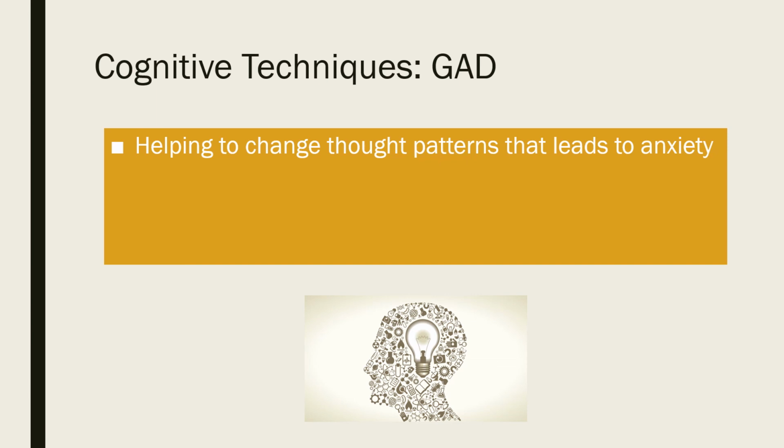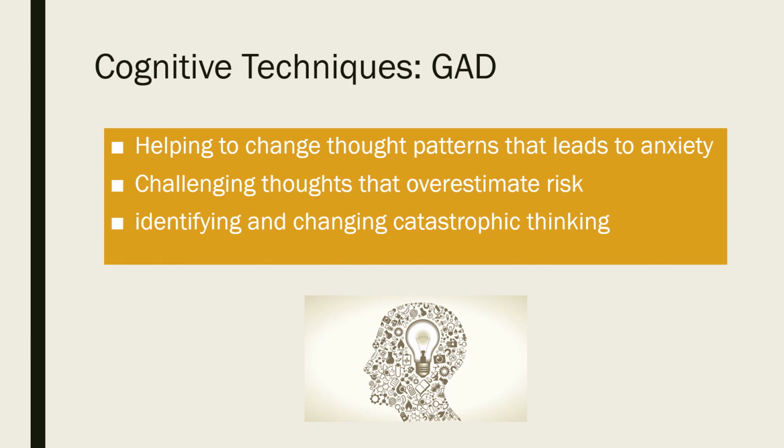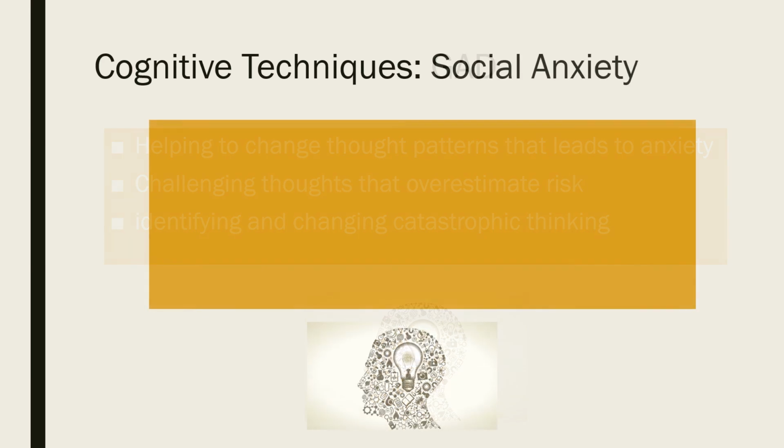For example, by identifying cognitive distortions that your clients tend to get into a lot. Also, challenging thoughts that overestimate risk, which is applicable to any other types of anxiety disorders. And also identifying and changing catastrophic thinking, which is also applicable to other types of anxiety disorders.